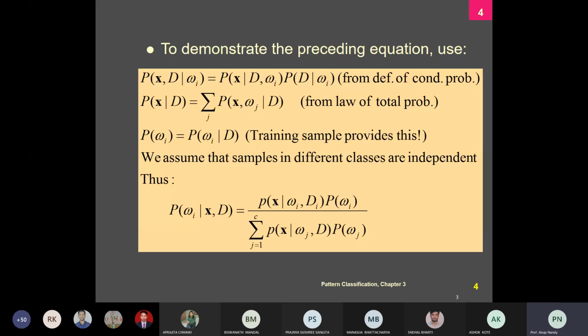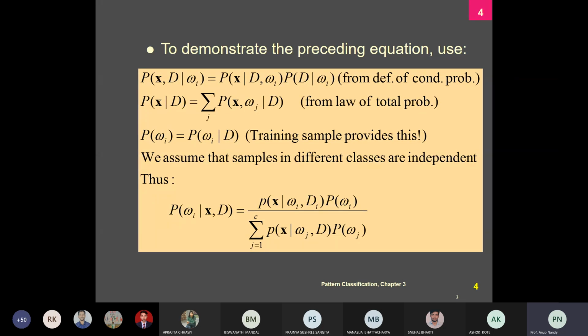So there are two things. First, it allows you to work with each class separately, using only the samples in capital Di to determine the probability of x given wi, D. You have to use this in conjunction with the assumption that the prior probabilities are known.